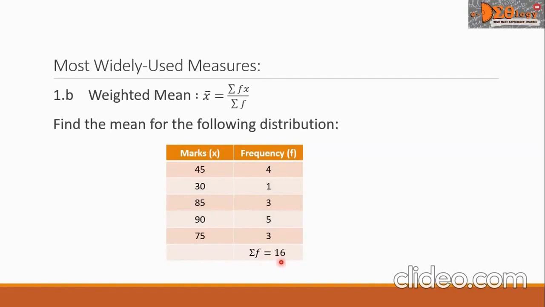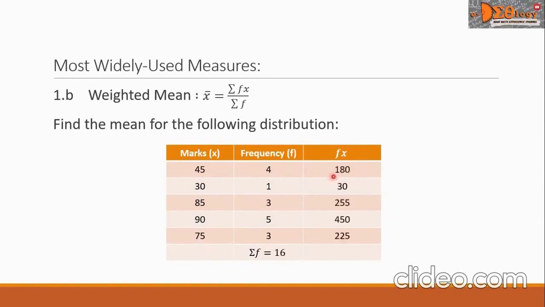The next step, we need another column that says fx. This is the column of the product of the mark and the frequency respectively. It means to say we're going to multiply the 45 with 4. We will put the answer here, so on and so forth.